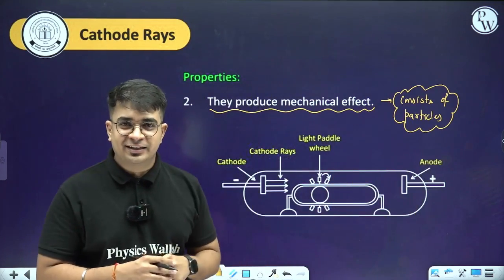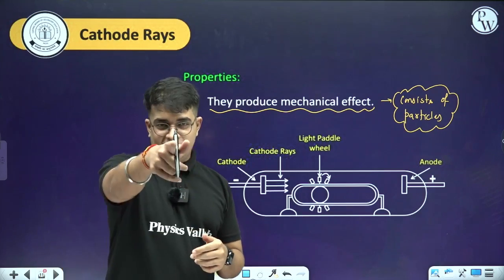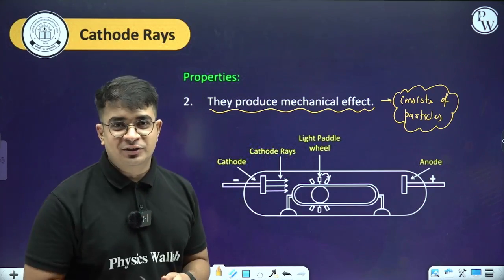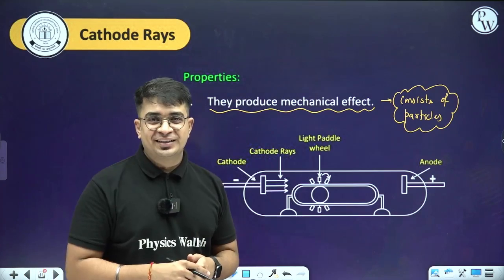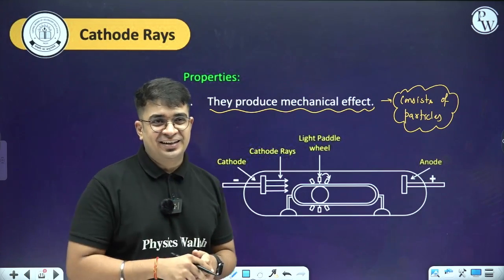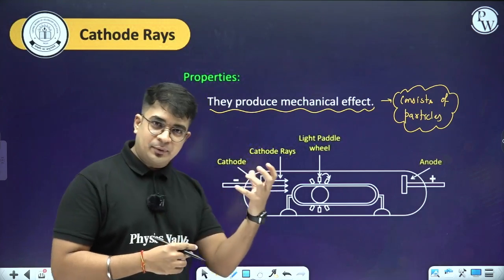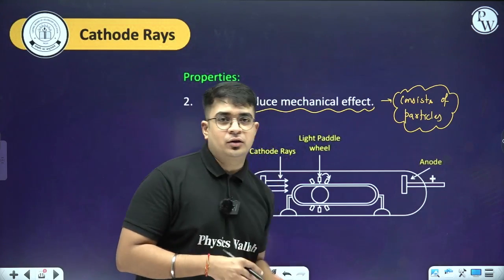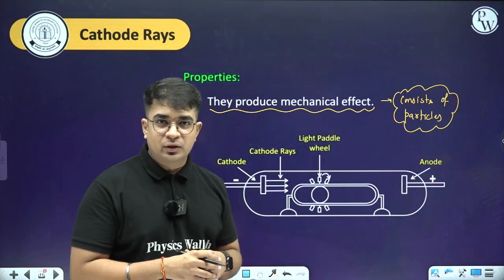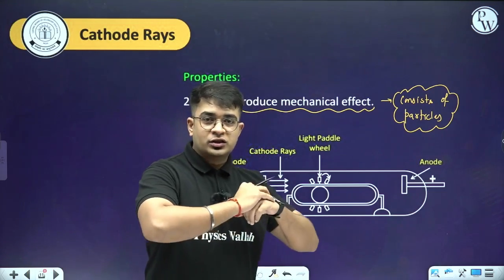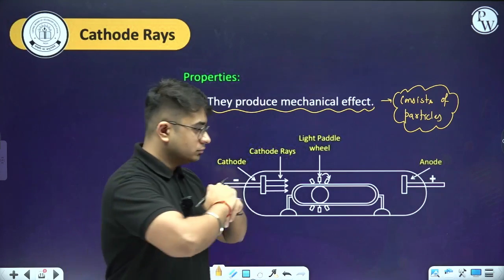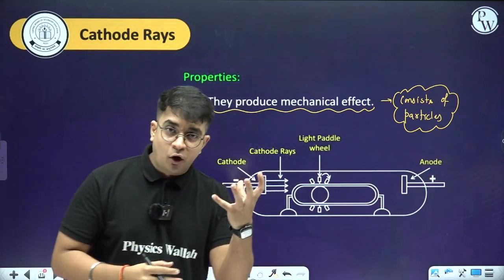I don't know the exact nomenclature of that part. If you know it, just let me know in the comment box, and I'll try to incorporate that in the next class. So when you strike the target with that heavy ball, you can see the target smash down and scatter, because that ball has a mechanical effect.